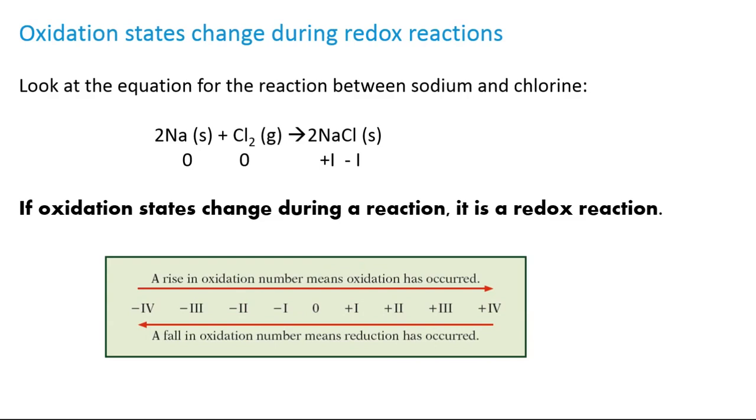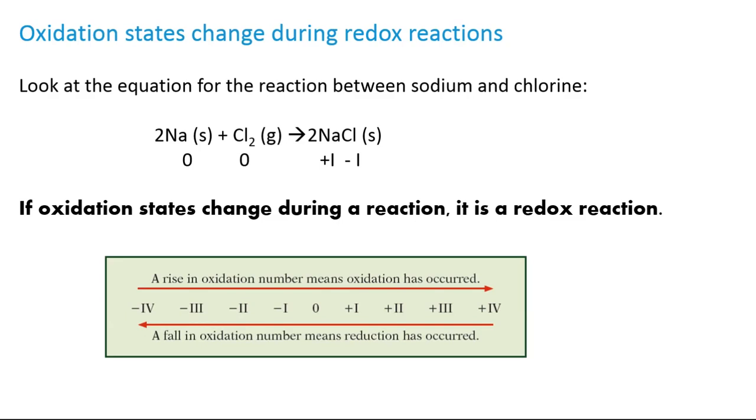Look at this table here. A rise in oxidation number means oxidation has occurred. Below that arrow line, a fall in oxidation number means reduction has occurred. So which one is oxidized here? Sodium oxidation state changes from 0 to +1.